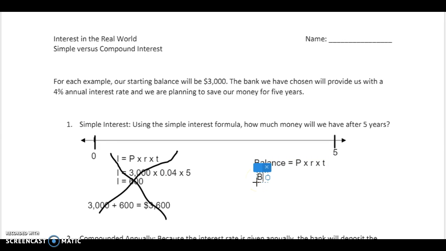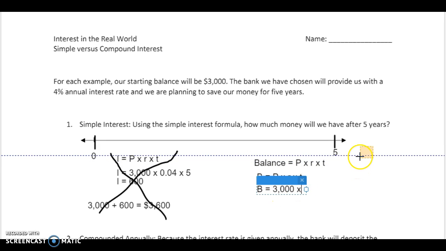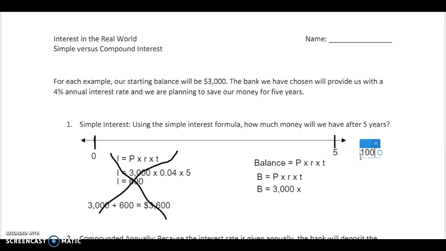So if I'm trying to find out the balance instead, and I'm using the principal and the rate and the time, the only difference with this equation, still going to start with $3,000, but my rate, how quickly is my money growing, I want to know if I still have 100% of what I put in, plus 4% interest that they're giving me. Really what I care about is what's 104% of $3,000, right?